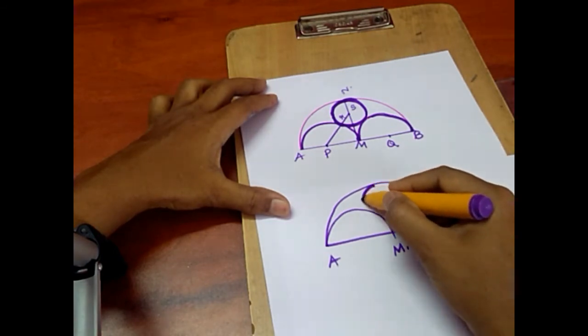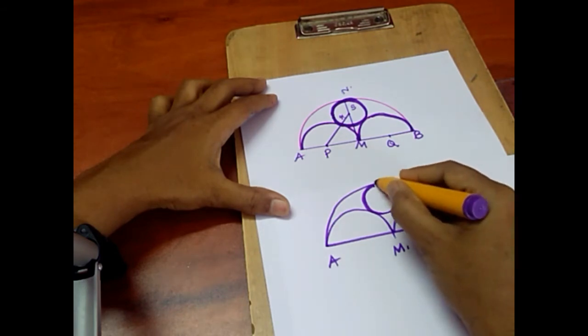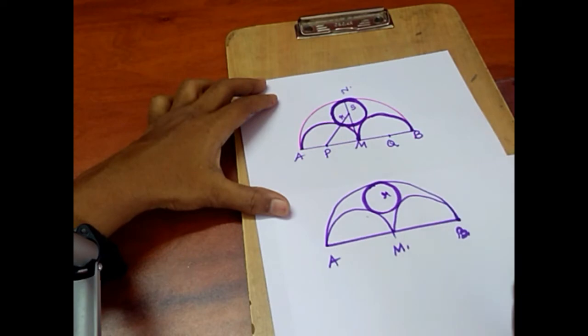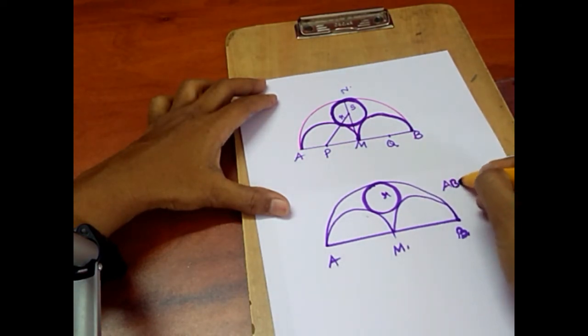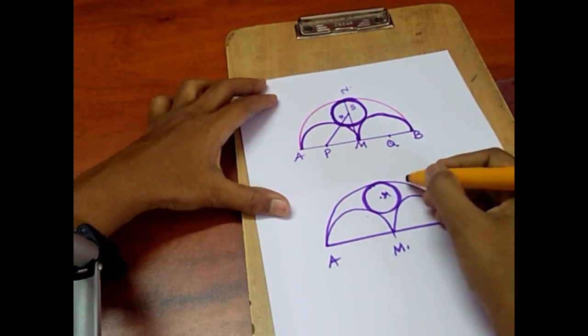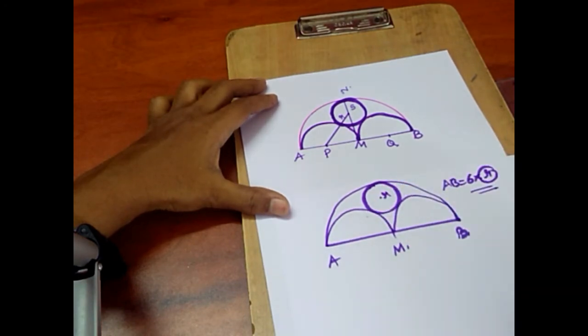So here a circle is drawn, its radius is named r, which touches all the 3 semicircles. Now the question is to prove AB is equal to 6 times r. So r is the radius of the circle which touches all the 3 semicircles.